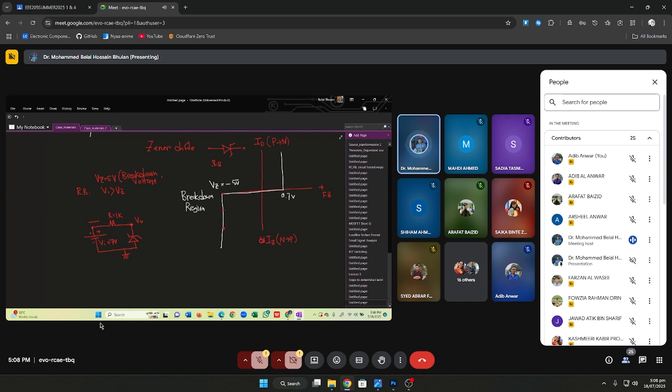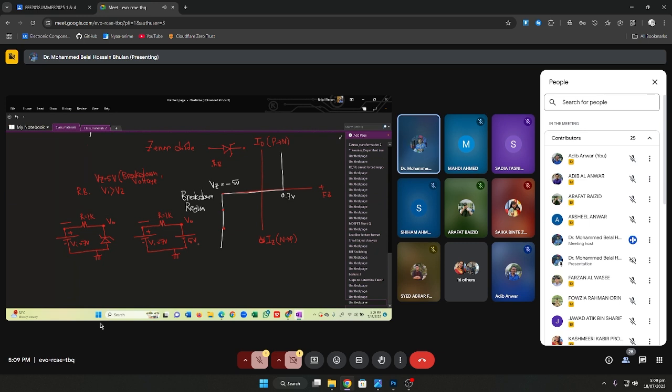For 7 volt, the diode is reverse biased and also in the breakdown region. So I can say the circuit looks like this, as if I replace it with a DC voltage source of 5 volt.